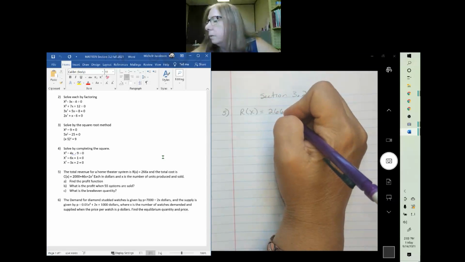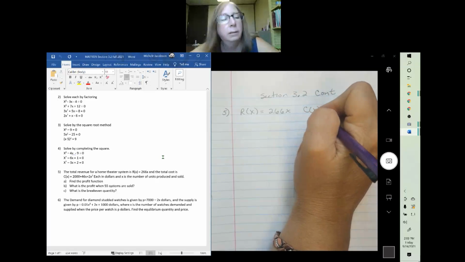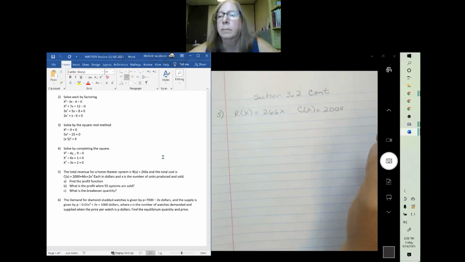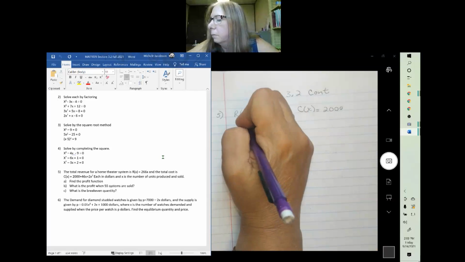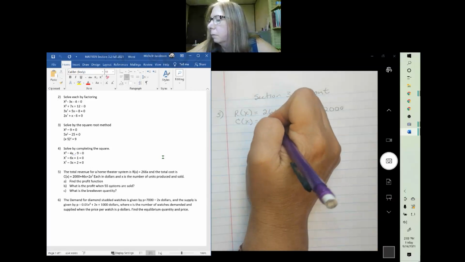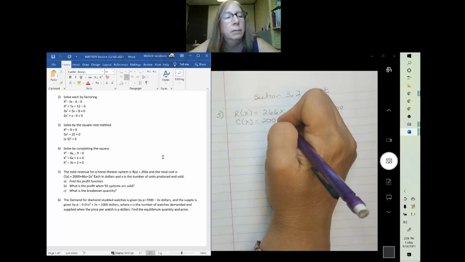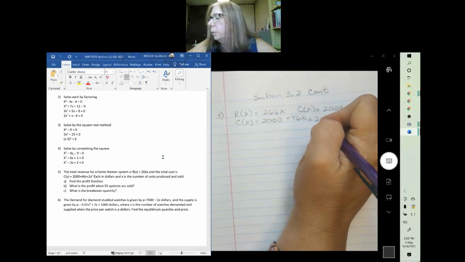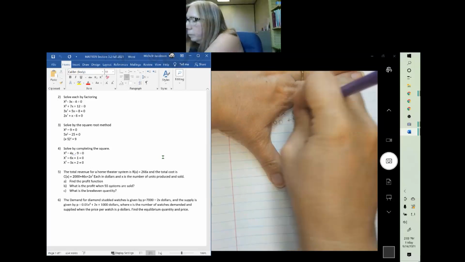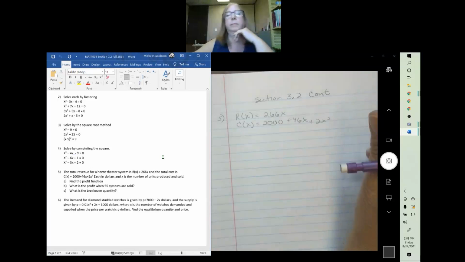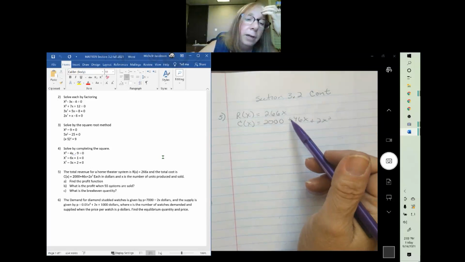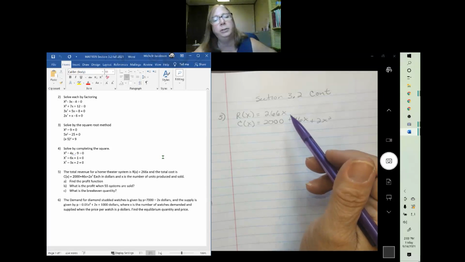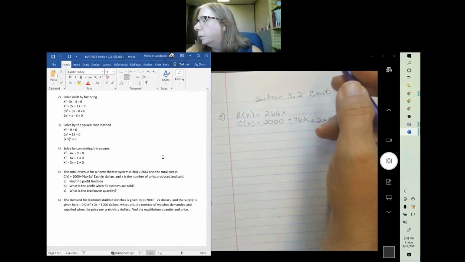And the total cost is 2,000 plus 46X plus 2X squared. Revenue and cost are in dollars, and X is the number of home theater systems produced and sold.